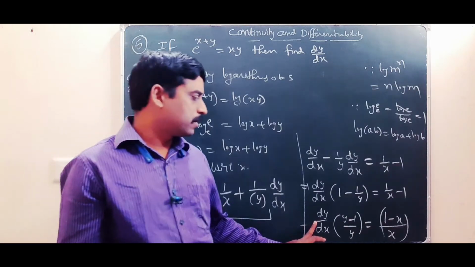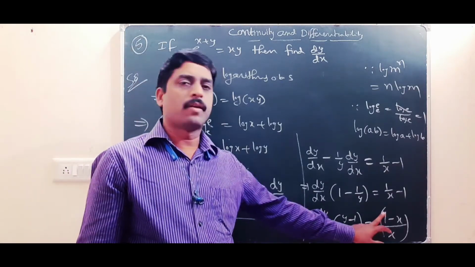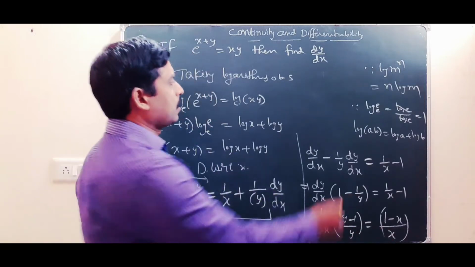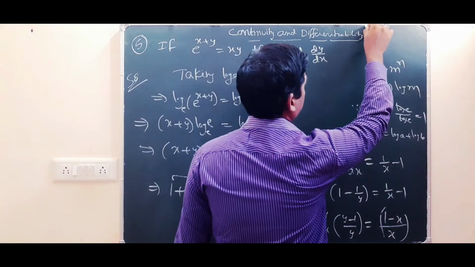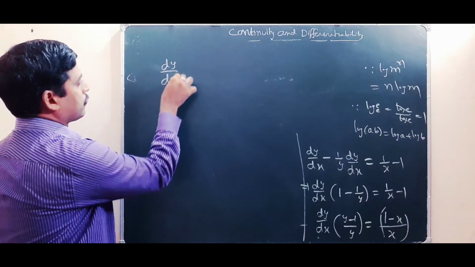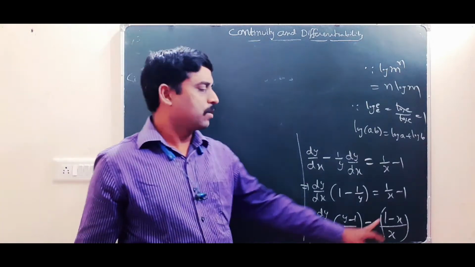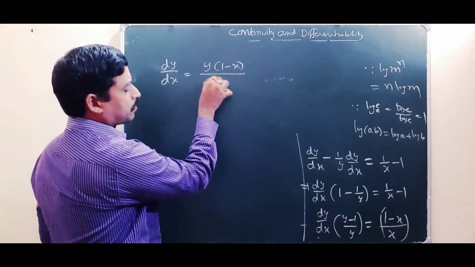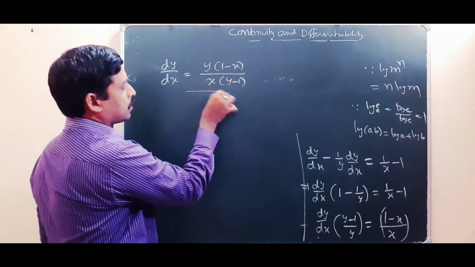So dy by dx is equal to y times (1 minus x) by x times (y minus 1). Therefore dy by dx is equal to y times (1 minus x) by x times (y minus 1). This is the answer.